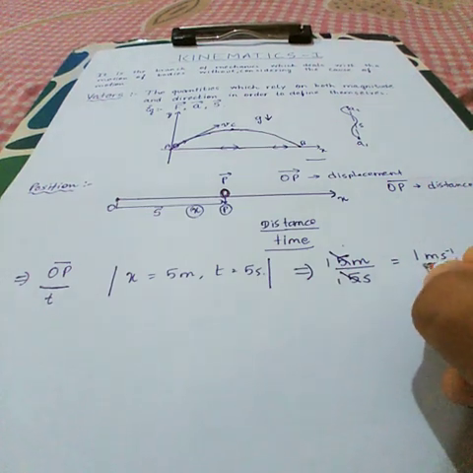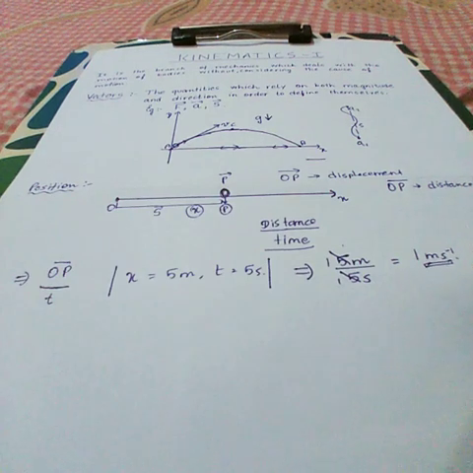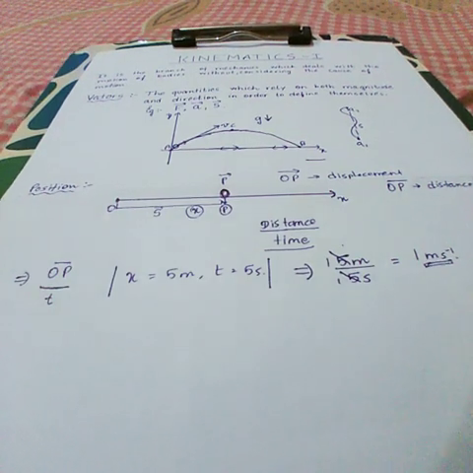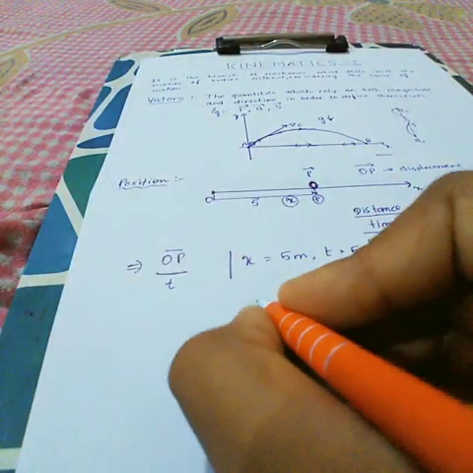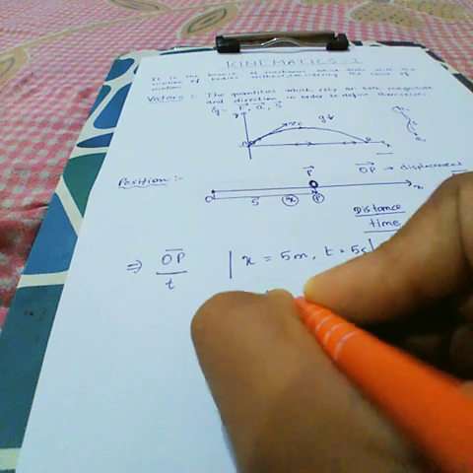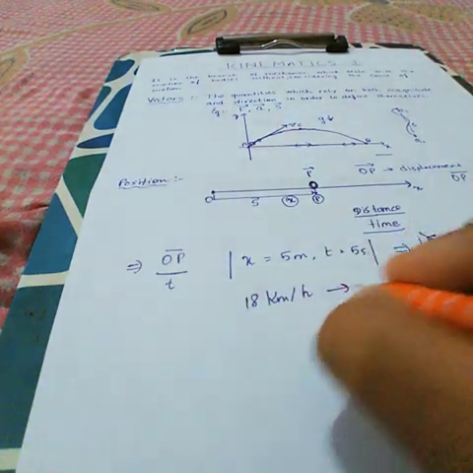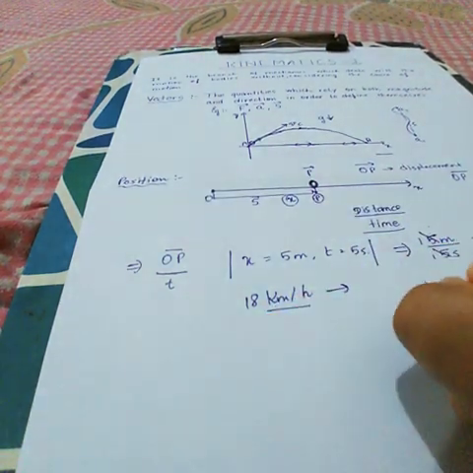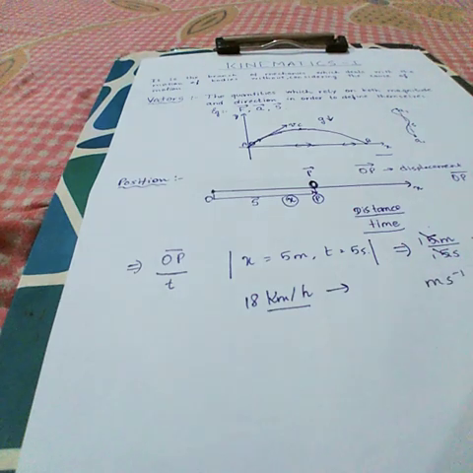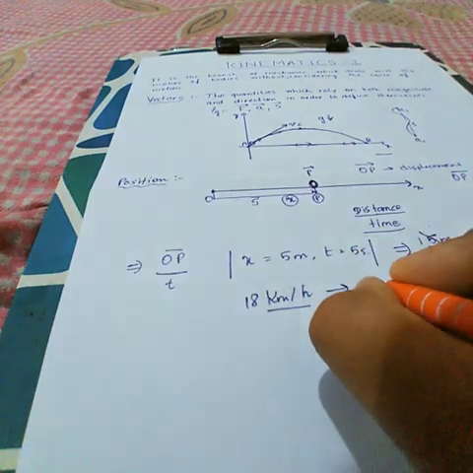So anything if it is given in kilometer per hour, suppose I say that a bus is moving with 18 kilometer per hour, you will have to convert it to meters per second. So what you will have to do is to multiply it by 5 by 18.